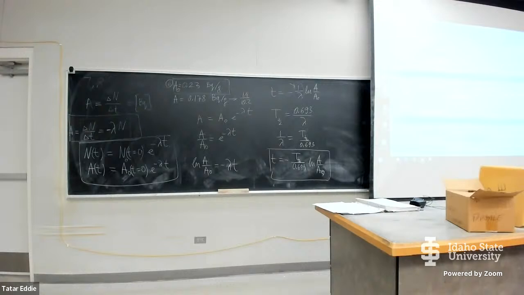Studying rock specimens, and especially the isotope ratio of different radioactive isotopes in a rock specimen, gives you a very good measurement of the age of the sample.